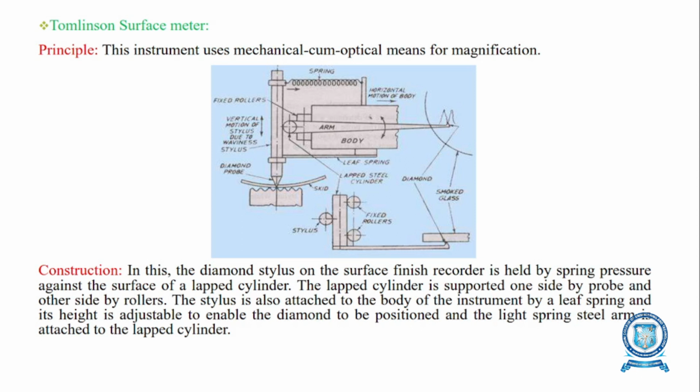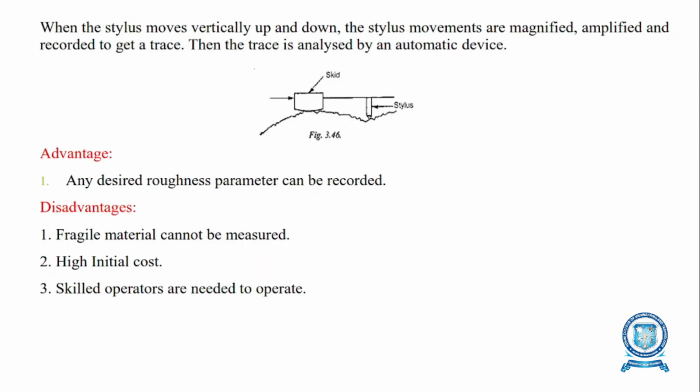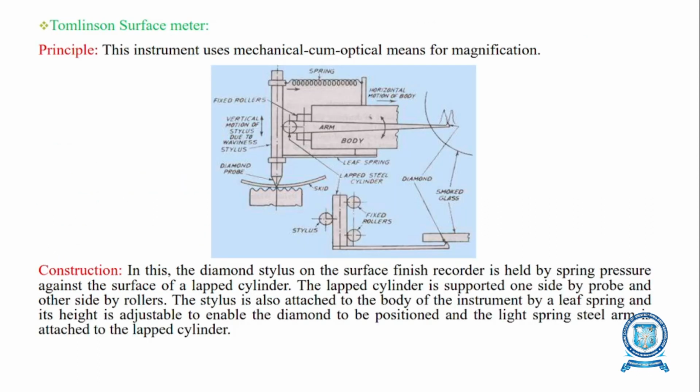So first of all, we are going to see the construction of the Tomlinson surface meter. The diamond stylus or probe on the surface finish recorder is held by a spring pressure against the surface of a lapped cylinder. The tip of the diamond probe has a radius of 2 micron.